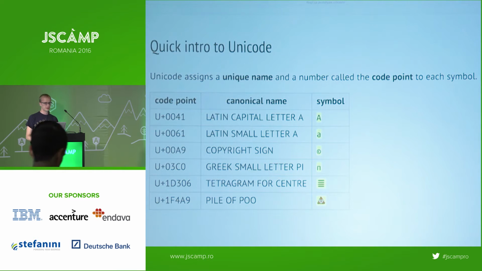And there's a lot of other symbols, like the copyright sign, but also symbols in other scripts that maybe I don't use in my day-to-day communication, but things like the Greek small letter pi, or the tetragram for centre, or recently, more and more emoji are being added to the standard, like the pile of poo, for example. All those things are valid Unicode symbols, and they all get their own code point.